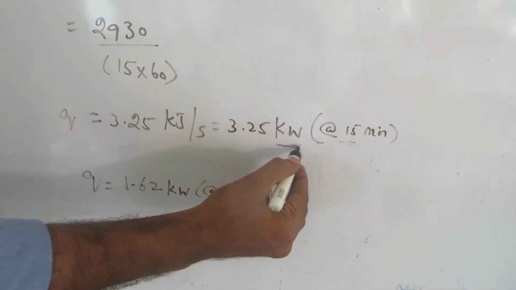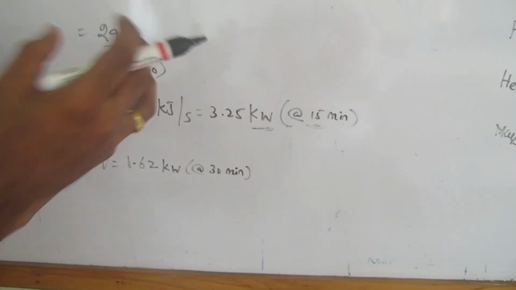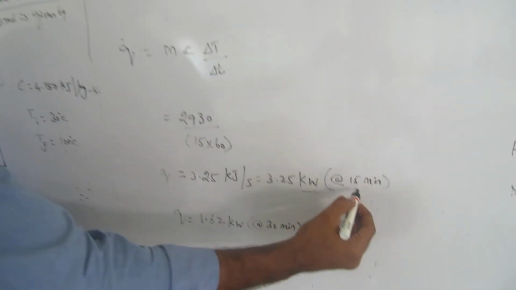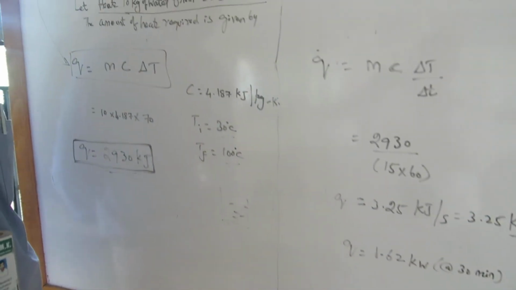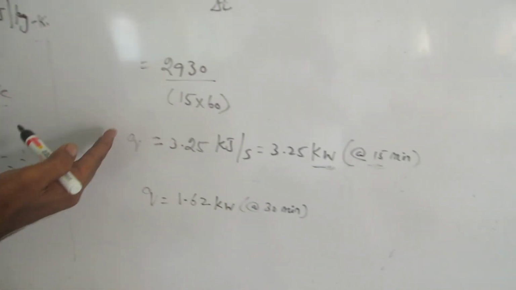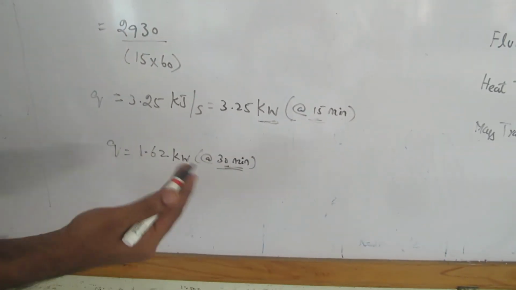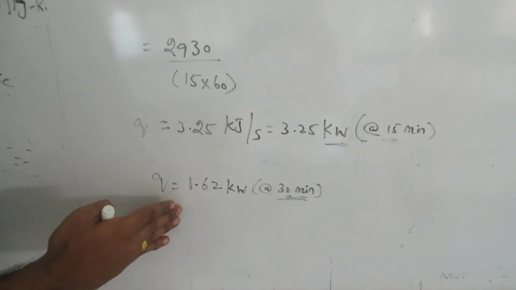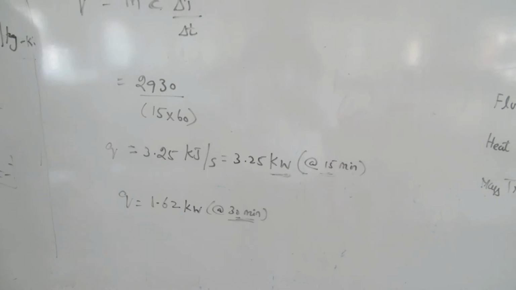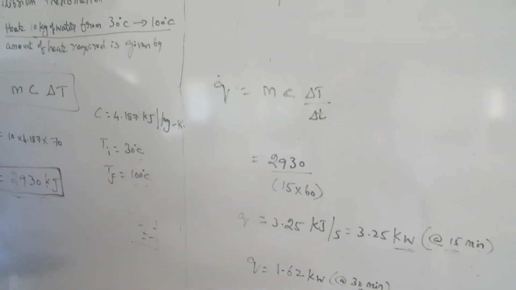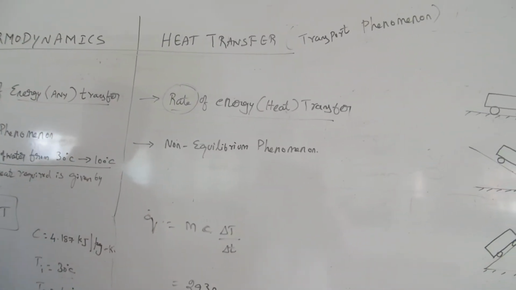So this much heat should be transferred, or power should be supplied, for 15 minutes to bring the water from 30 degrees centigrade to 100 degrees centigrade. And if the same heat transfer takes place in 30 minutes, increasing the time, then we need to supply less power, which is 1.62 kilowatt. So this is the major difference between thermodynamics and heat transfer. Thermodynamics speaks about the amount and heat transfer speaks about the rate.